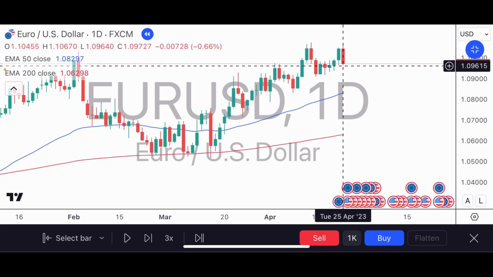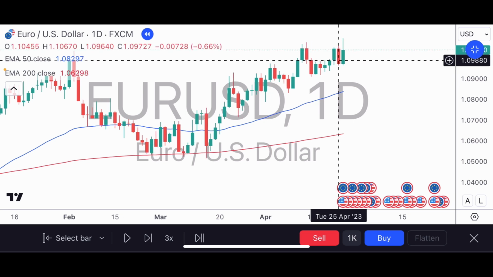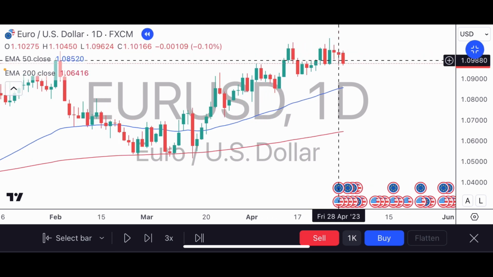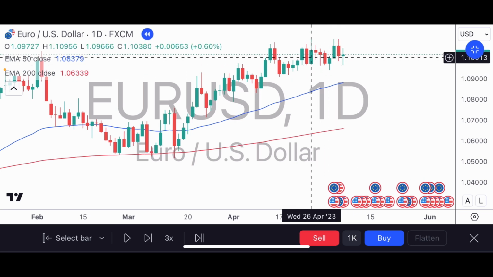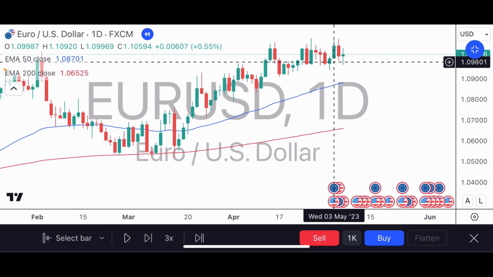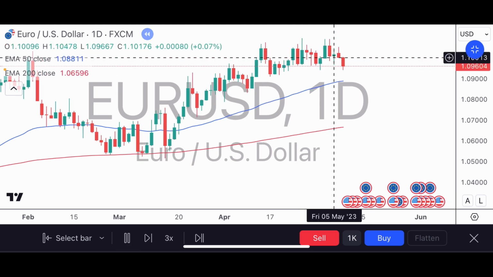Friday, Monday. This actually doesn't look that bad. Let's give it one more candle. Nah. Okay. So we just have a consolidation going here. This doesn't look that bad either. Keep going.